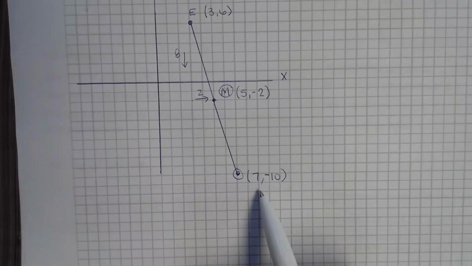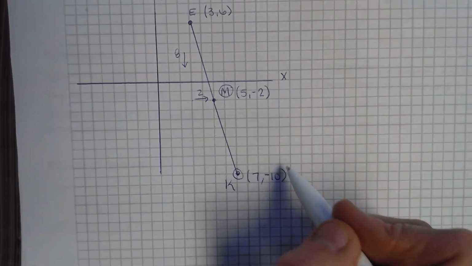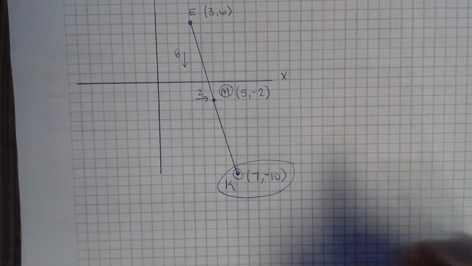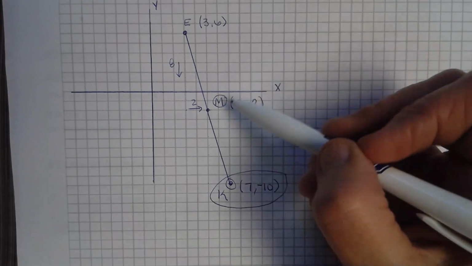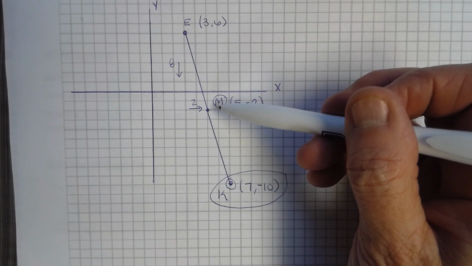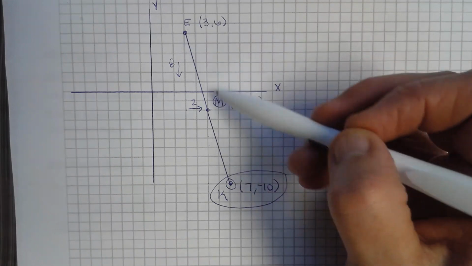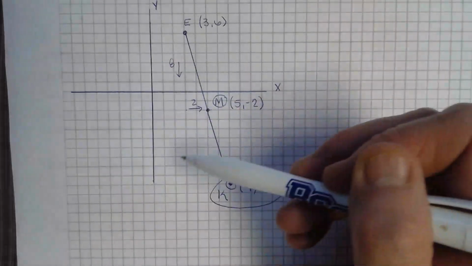So the coordinates of K, which is the other endpoint, are (7, -10), and that is the answer. And I'll say one more time, be very careful in your problems. Sometimes they'll give you the 2 endpoints and ask you to find the middle, and sometimes they'll give you the endpoint and the middle and ask you to find the other end. But definitely want to do this on graph paper.